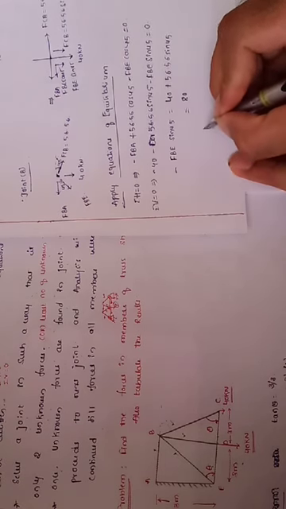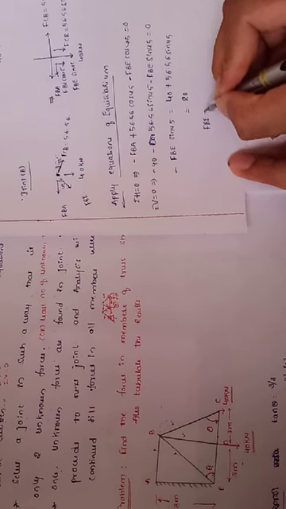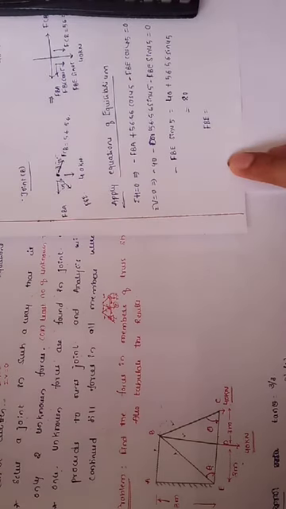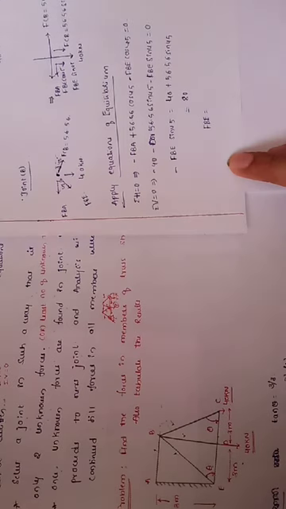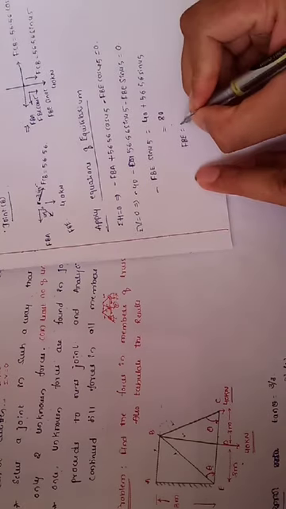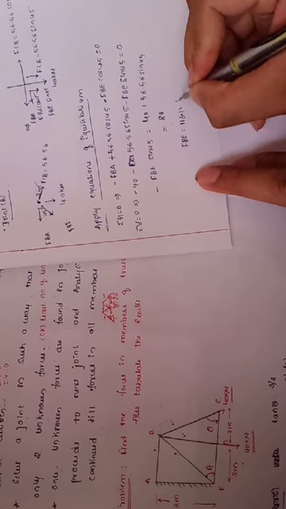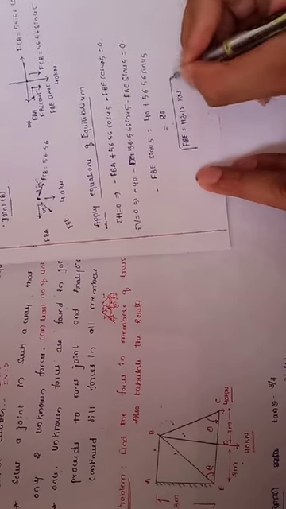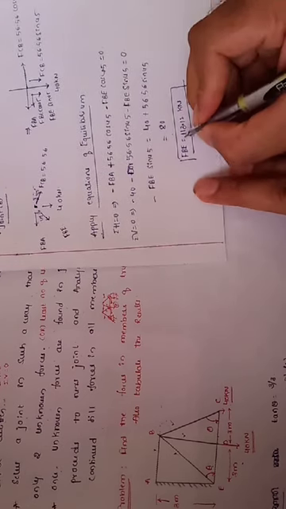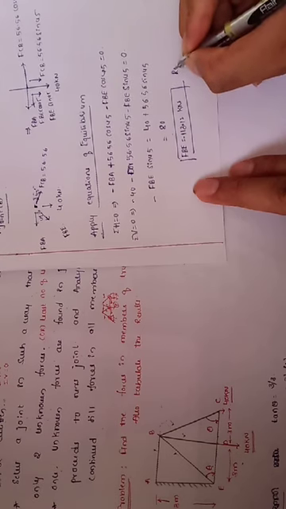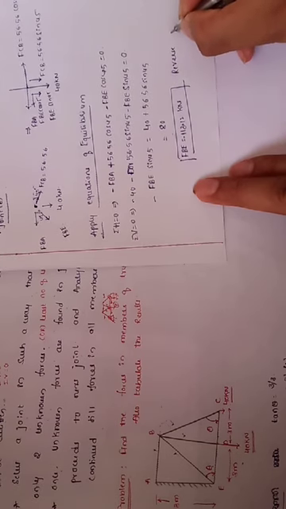So I can say FBE, what I am getting, will be divided by sine 45, so that will be 113.12 kilonewton. So here I am getting a negative value, so this is supposed to reverse the direction.